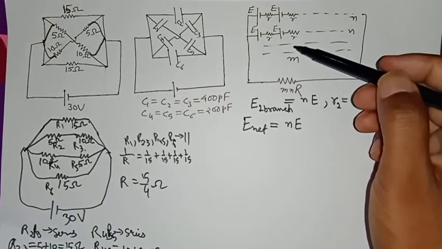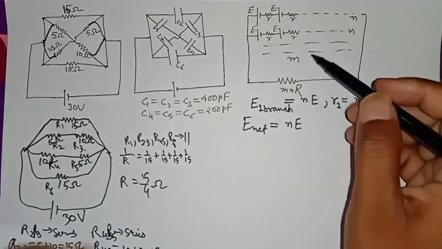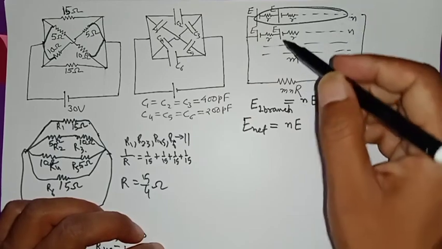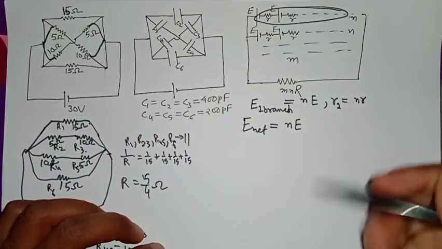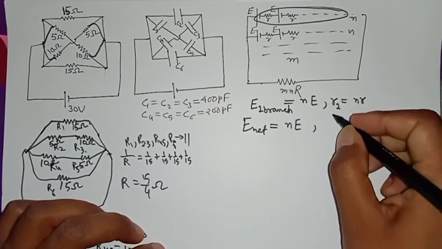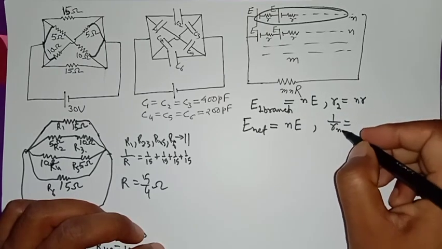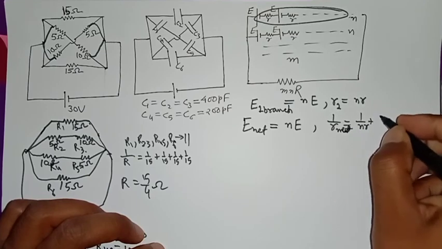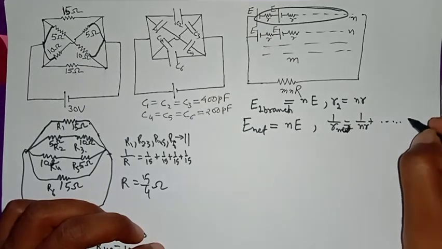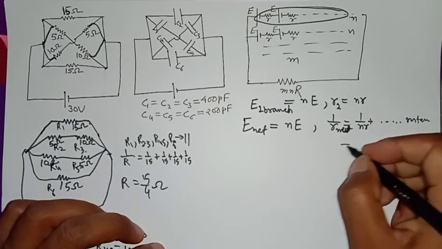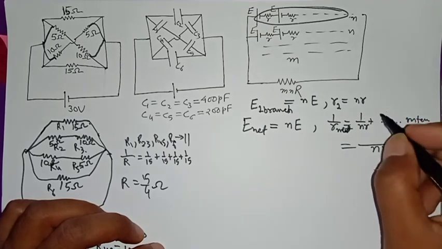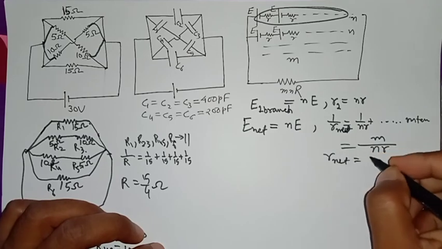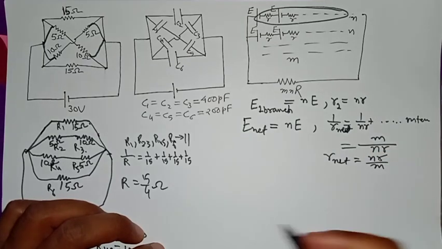There will be no effect of these rows on the EMF, because if you consider this entire thing as a single cell of EMF Ne, then in parallel the EMF will remain the same because of identical cells, but not the internal resistance. R net will be 1 upon Nr plus 1 upon Nr plus 1 upon Nr up to m terms. So in the denominator Nr will be there, and in the numerator 1 plus 1 plus 1 up to m is m. So R net is equal to Nr upon m.